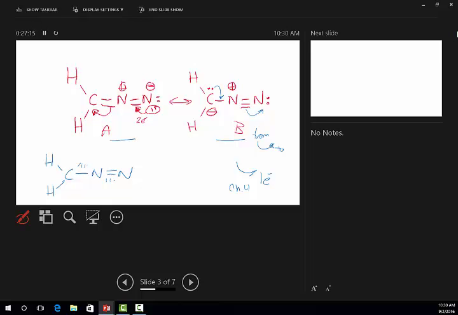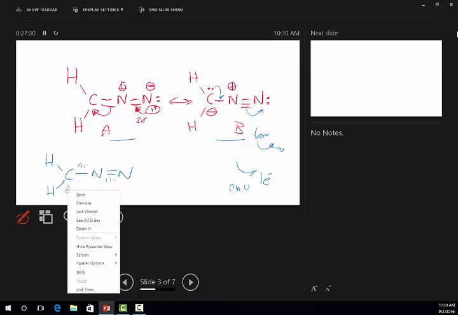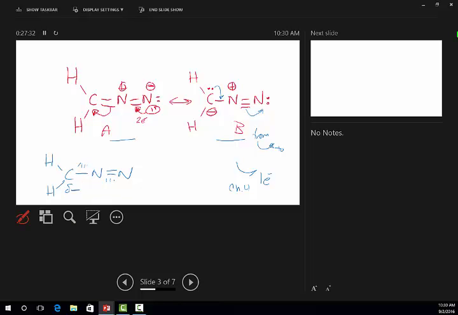Now we need to average the charges. So if I look at carbon, it's 0, minus 1, average: 0 charge, minus 1 charge, average charge, delta minus. Let's do the nitrogen on the end.